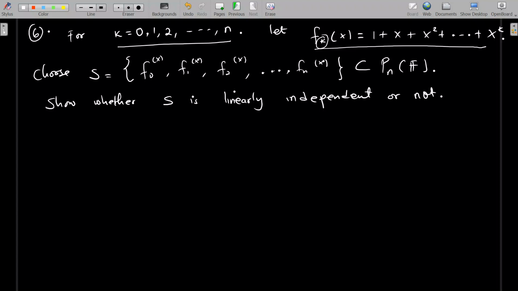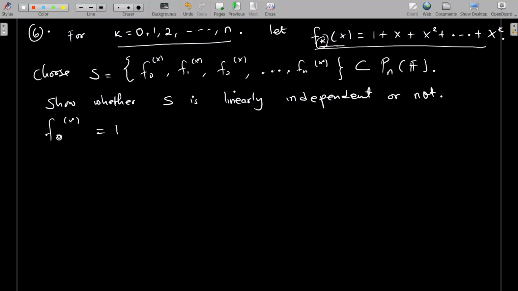So what we want to do is pick all the elements in S. Now notice that f0 of x in this S is going to be 1, because fk of x is defined by 1 plus x to the power 1 all the way to k. But if you look at it very carefully, what is k? Let me write it in a more general way.